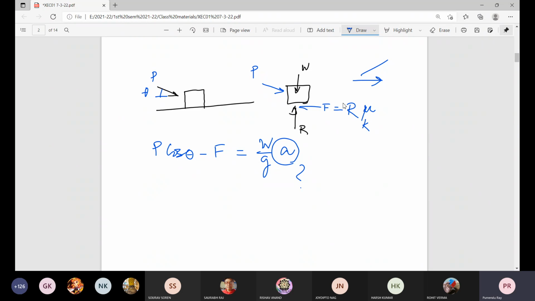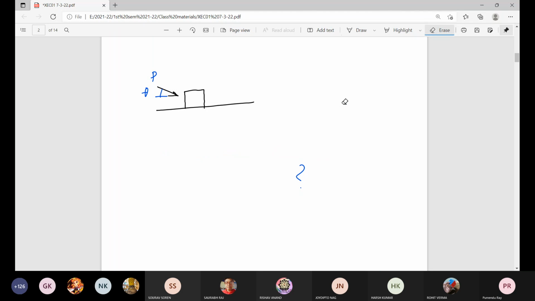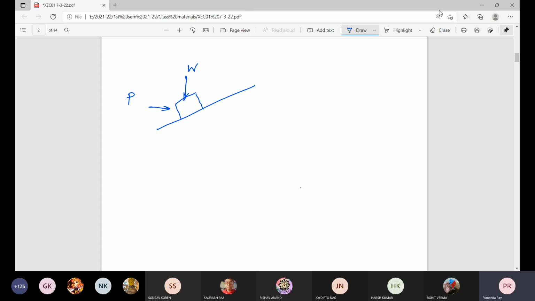But one thing is there, if the object is on an inclined plane, in that case, suppose the force is again at an angle theta with this inclined plane, relative to that, having self weight W, there will be a tendency of movement in this direction if the force P can overpower that friction.